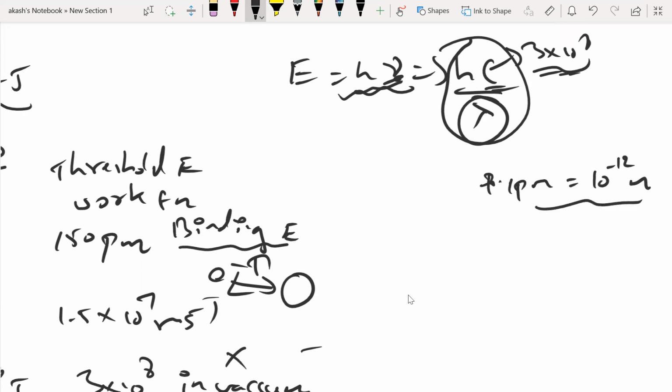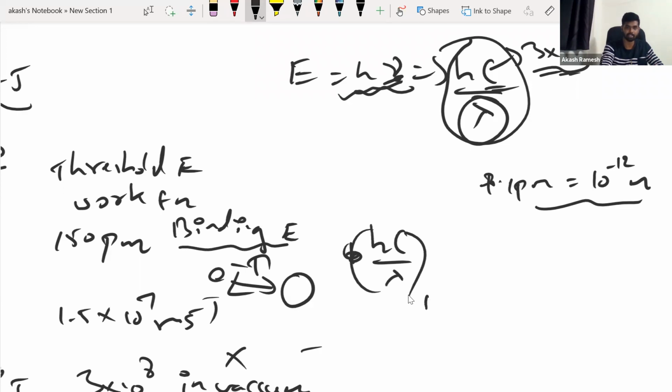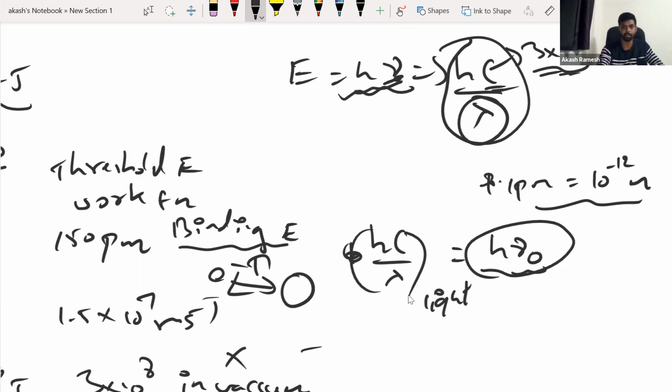People, look at this equation now. I have the energy of light, which I write as hc/λ. This, for the light or photon, is equal to hν₀, where ν₀ is the threshold frequency, plus the kinetic energy.